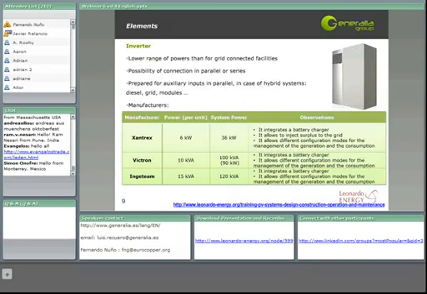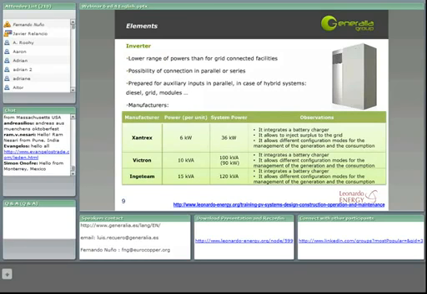So, some manufacturers offer us the possibility to connect in parallel or series several inverters, as we can see in the table at the bottom of this slide. And also, some manufacturers prepare their inverters for auxiliary inputs in parallel in order to have hybrid systems with diesel generators or with wind generators or any other kind of generators.